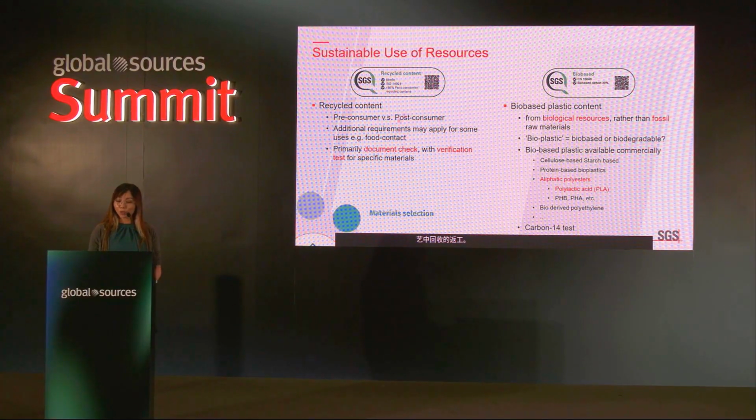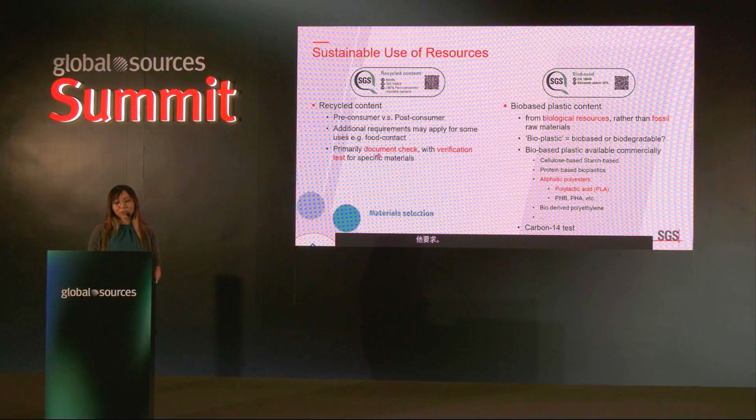While the post-consumer recycled content refers to those generated by household or commercial end user of the products. In some regions, the use of recycled content can be restricted from some of the end use. For example, if recycled content is to be used as food contact materials in European regulation, there are additional requirements that can apply.